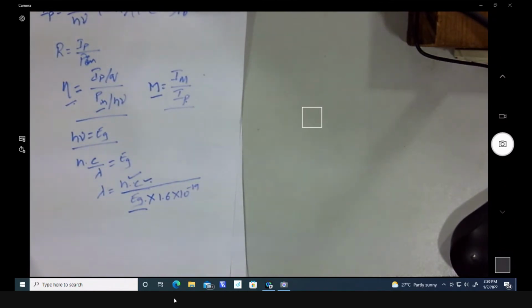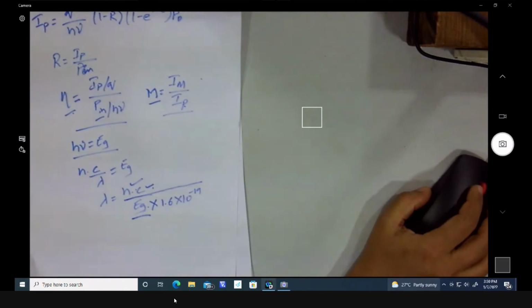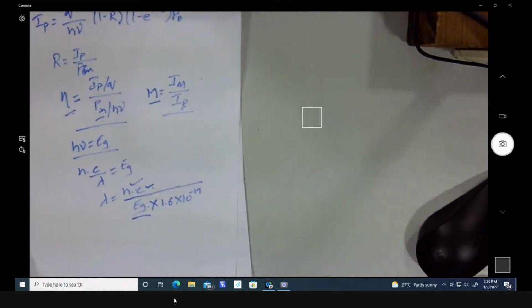Okay, Geeta, what is the answer? How much did you get for IP? Geeta, can you hear me? Okay, fine. How much did you get for the IP current? IP is equal to? Have you solved it?